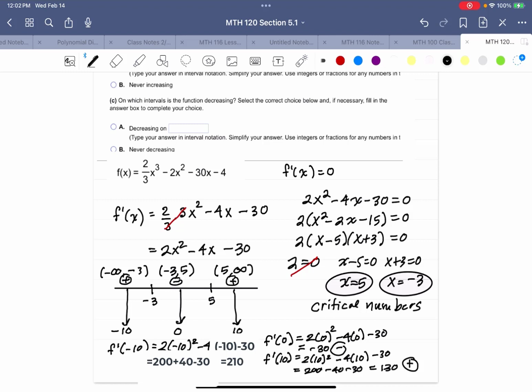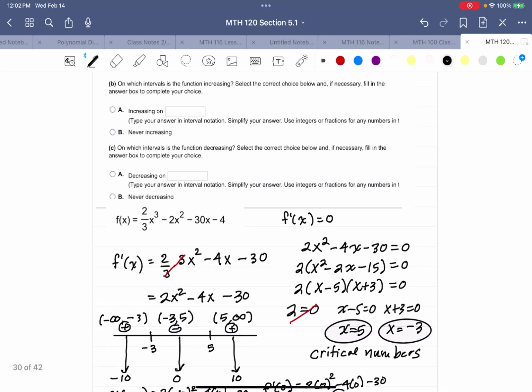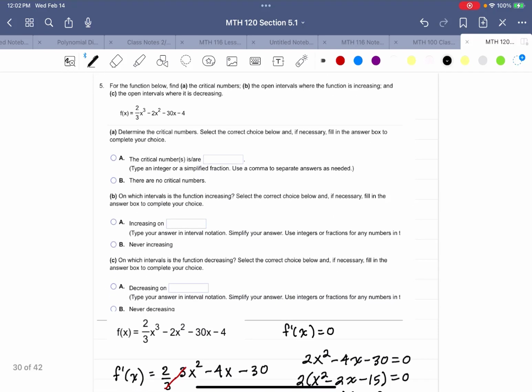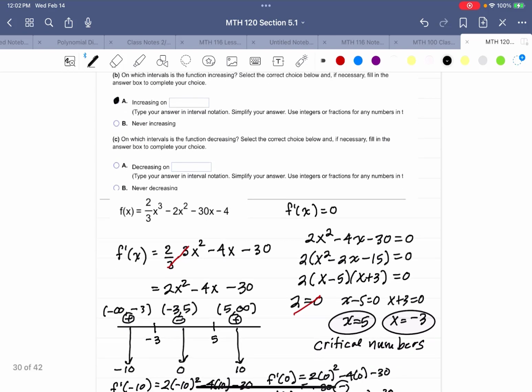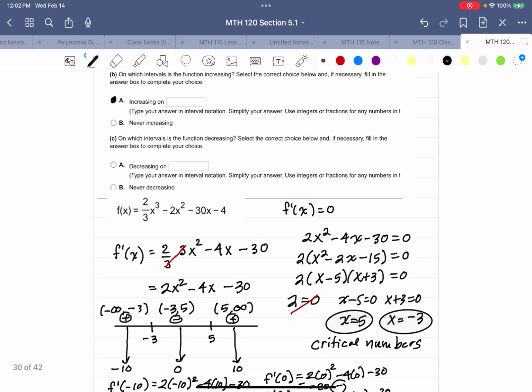So we can go back and answer where it's increasing or decreasing. Our critical numbers were negative 3 and 5. We just list them separately, put a comma between them. It's increasing. Remember, we had 2 places, on the left end and on the right end.